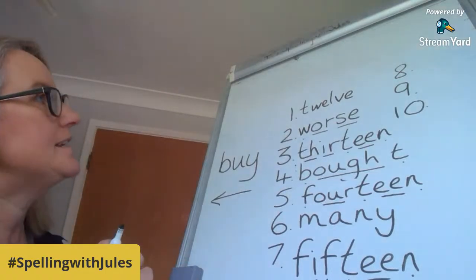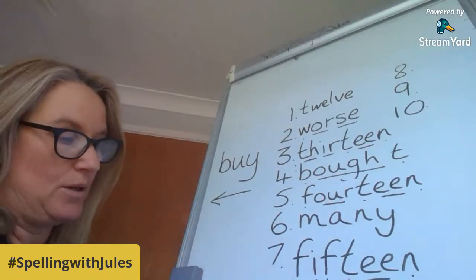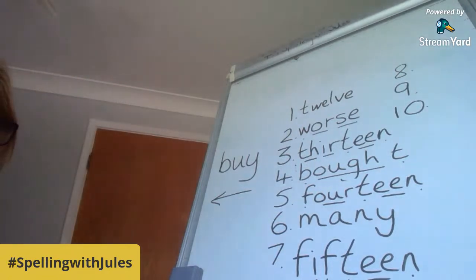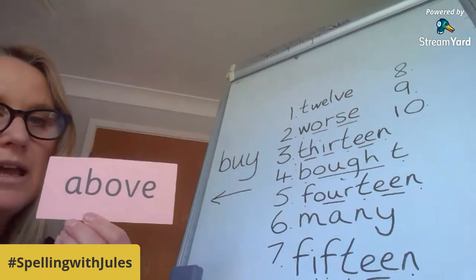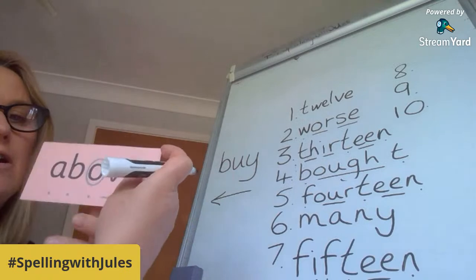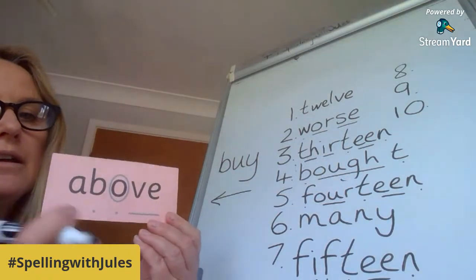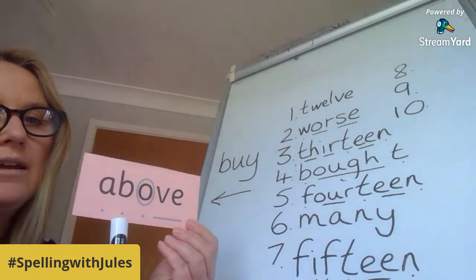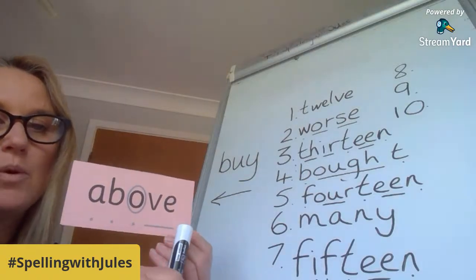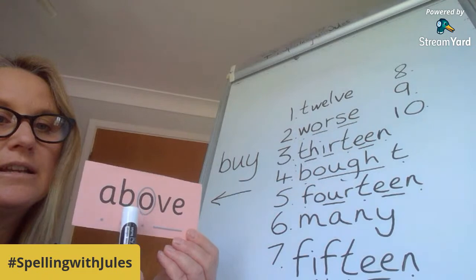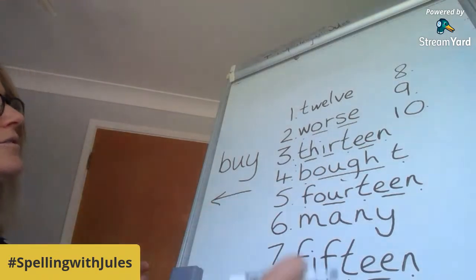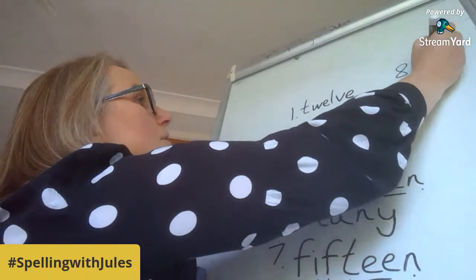Okay, number 8 was the next word, above. So above, A-B-O-V-E. All right, and the hardest bit there. So you've got A, B, O, V. So the V-E is one sound, and that is not a U, it's an O. Okay, so I should just write it up here as well.